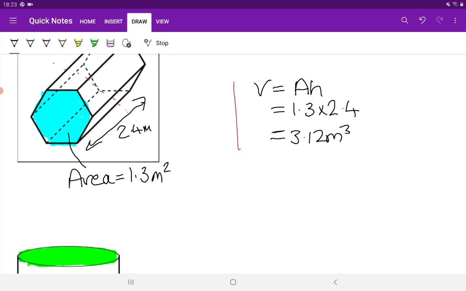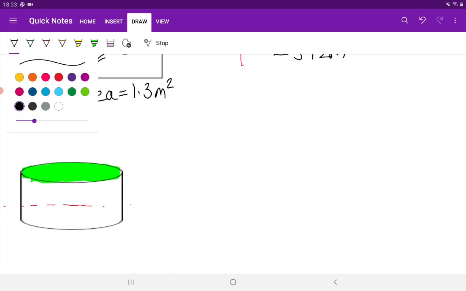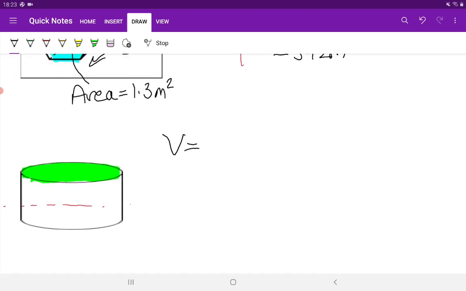Now, we did the volume of a cylinder last week, and you might remember that we said that the volume of a cylinder was pi r squared h. But I've also told you that the volume of a prism, and I've told you that a cylinder is a prism, is AH.